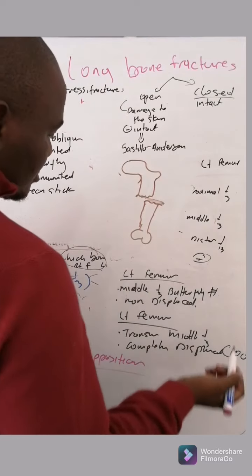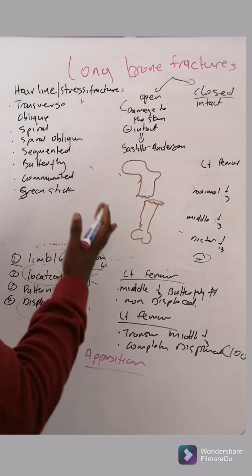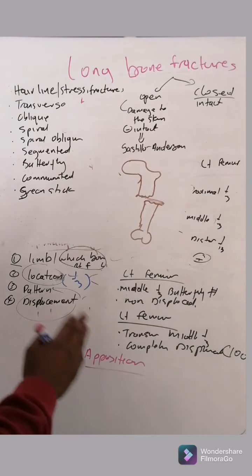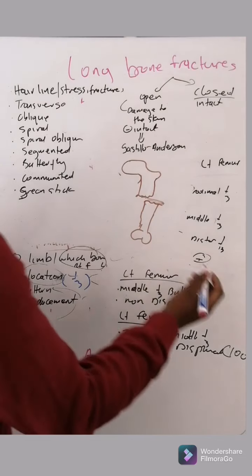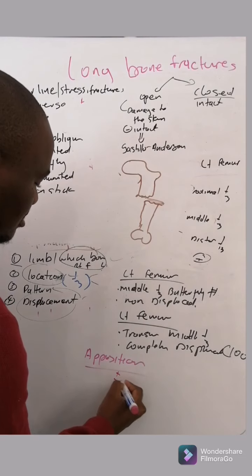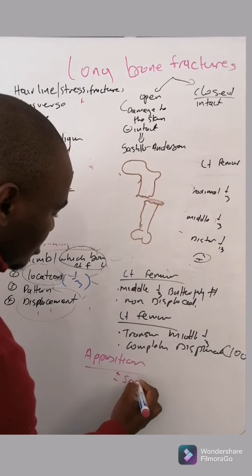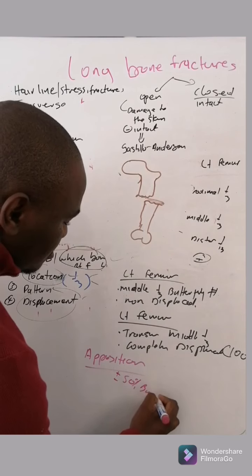Like in this case, how I would describe it, I would say left femur fracture, transverse fracture of the middle third of the left femur, that is displaced with plus or minus 50% bony apposition.